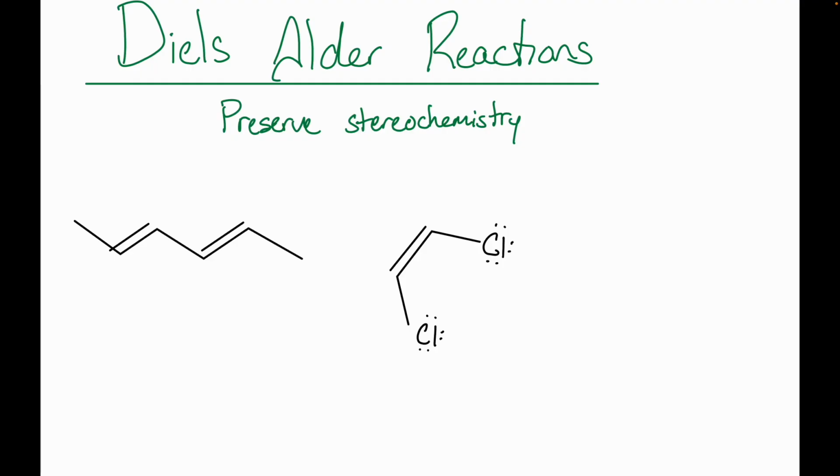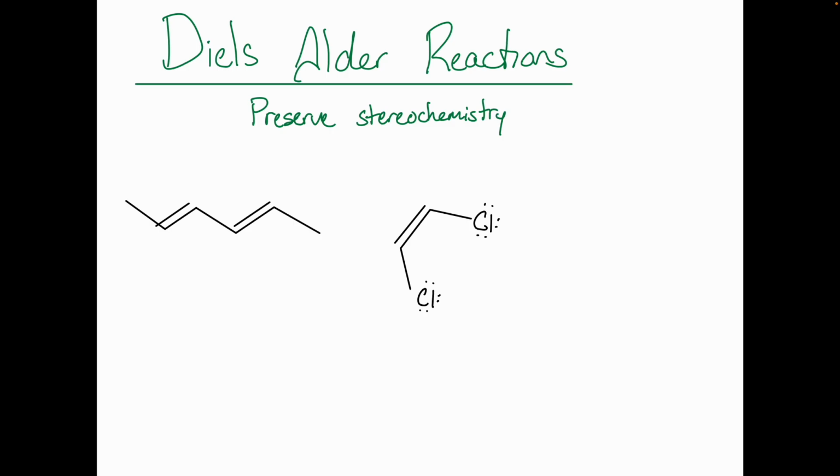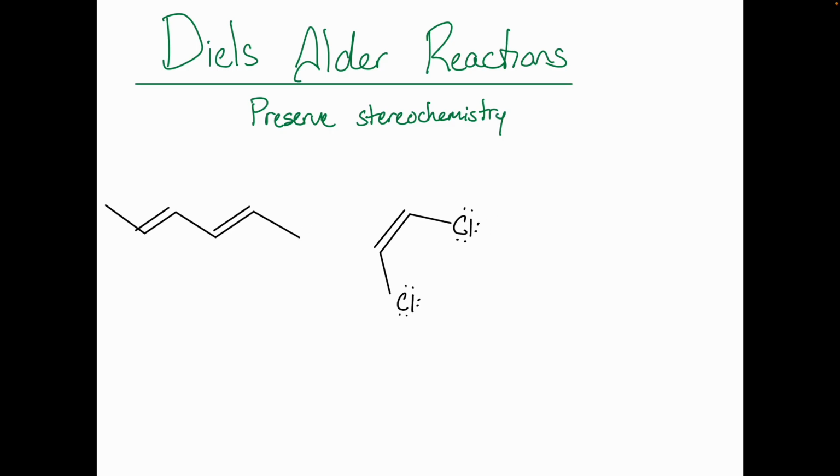Everybody take a second and see if you can draw me the product of this reaction. We'll fill in our stereochemistry here at the end, but just practice rotating about that single bond and forming your new 6-membered ring in these Diels-Alder reactions.